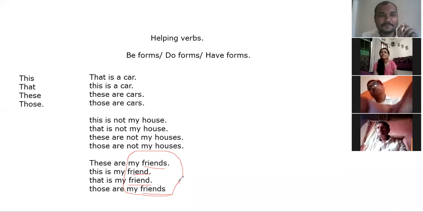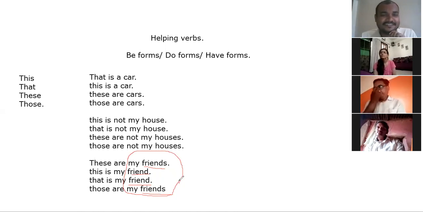When we show the object, at that time you use this. And when we tell belongingness, to say it is mine, then he is my friend. Right?